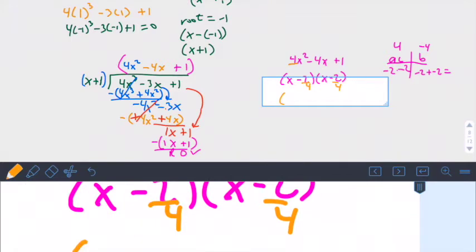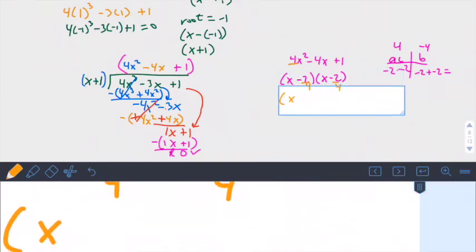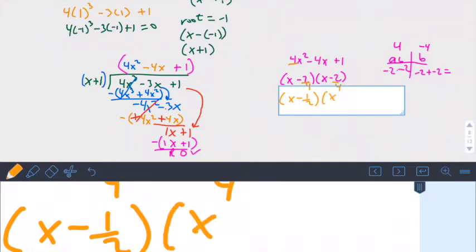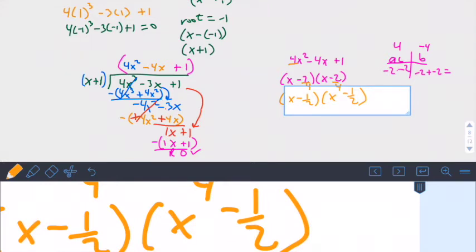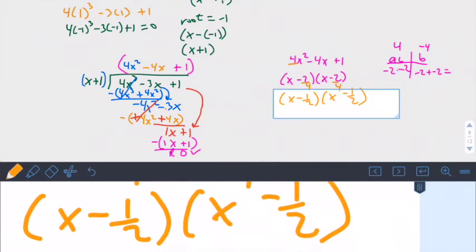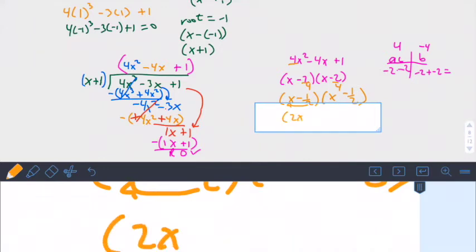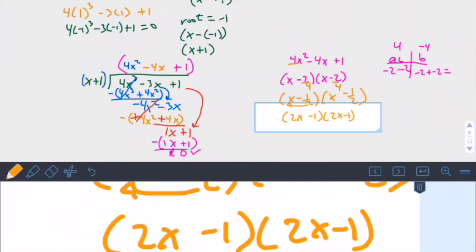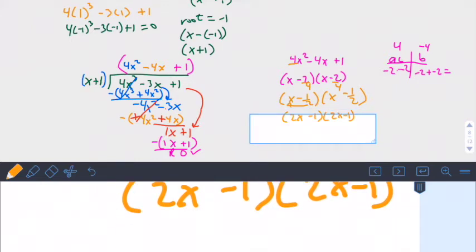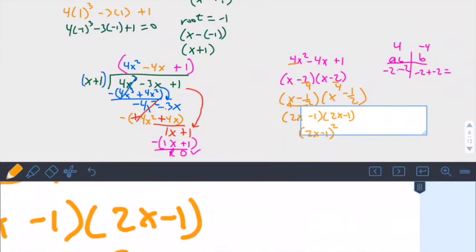So this is now x, 2 halves becomes minus 1 half, x minus 1 half. And I could slide it, because that doesn't simplify anymore, to give me 2x minus 1, 2x minus 1. And now it's completely factored. We could even write this as 2x minus 1 squared, because they're both the same.